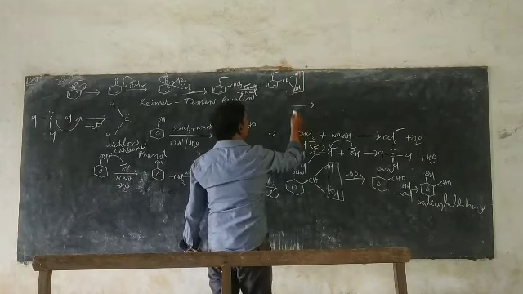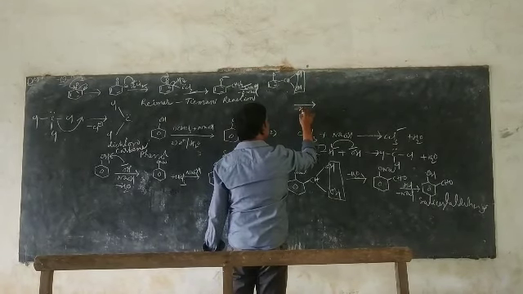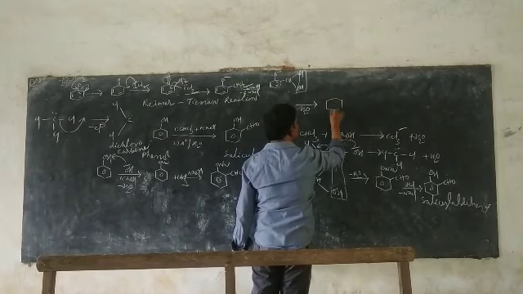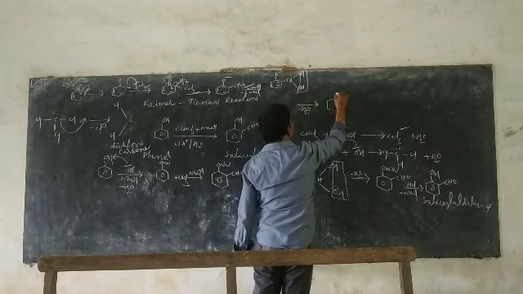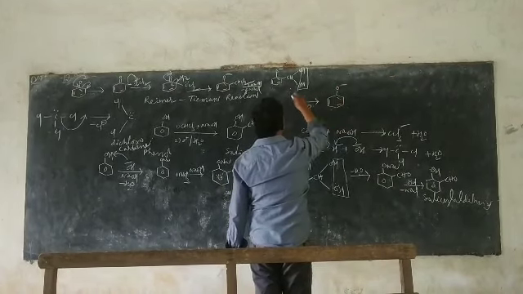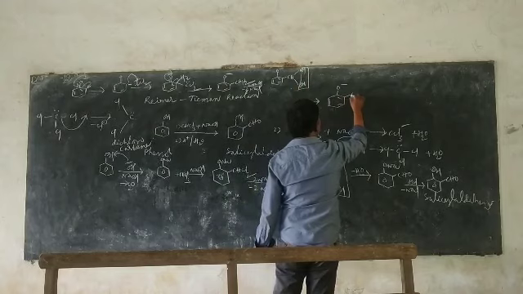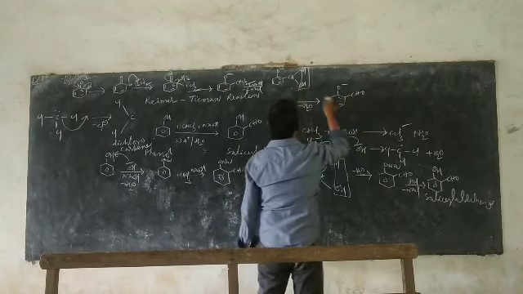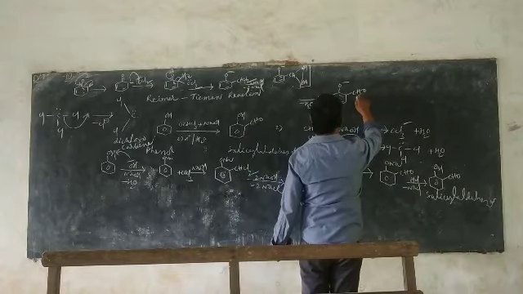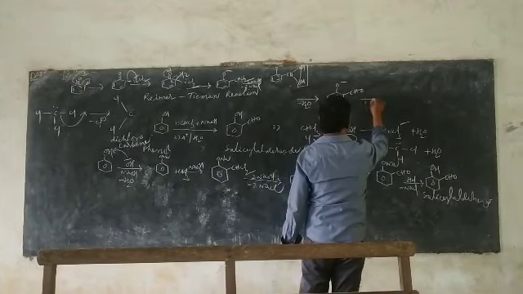In the next form, O minus with the pi bonds as usual, there is formation of the CHO aldehyde group.